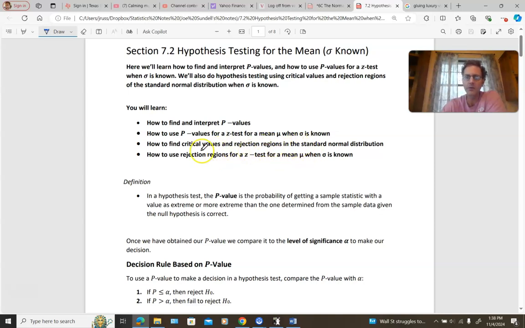Okay, so essentially what a rejection region is, it's an area under the standard normal curve that's so far away from the mean that if your standardized test statistic lands in that area, you say, well, then my assumption that the null hypothesis is true is probably false, okay?